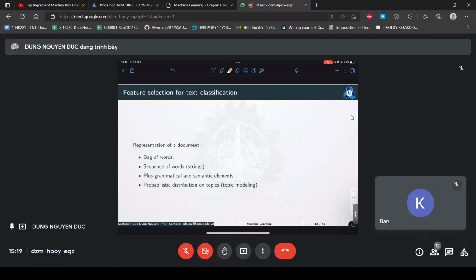Let me explain a little bit on topic modeling, what it is. Topic modeling means you are trying to put some topic information on your document instead. For example, if you go to VnExpress and you read an article, that article may be classified into a social article, but also that one can be related to sport. It can also be related to politics a little bit.